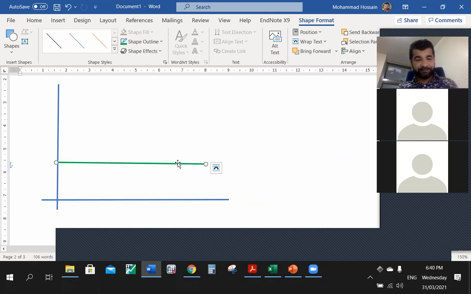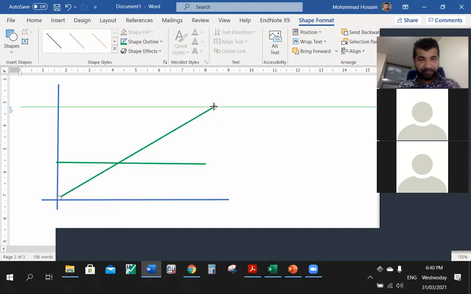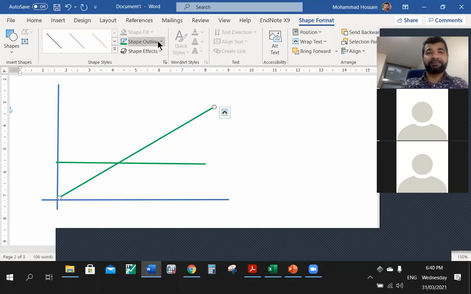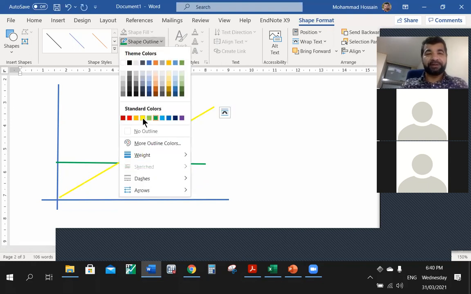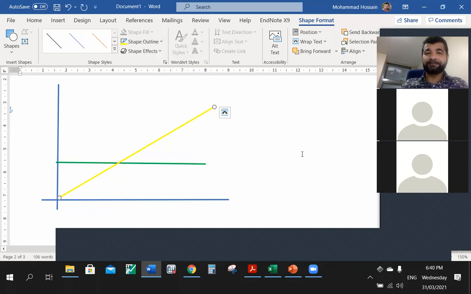Variable cost is like this. Okay, let's change the shape. Let that be yellow. And total cost is actually the summation of fixed cost plus variable cost.